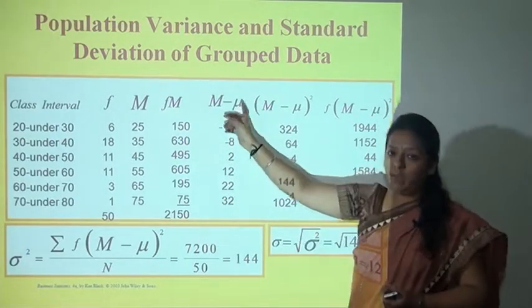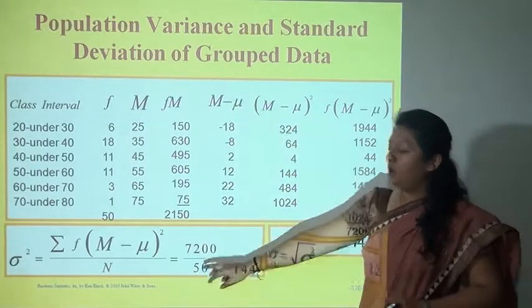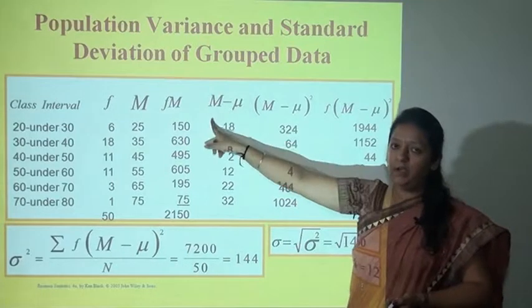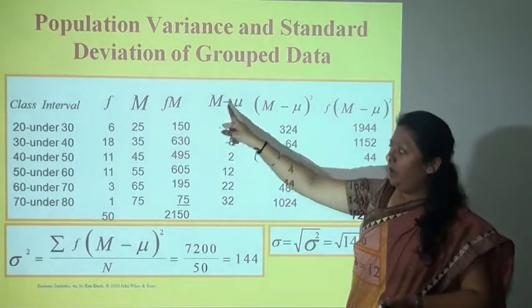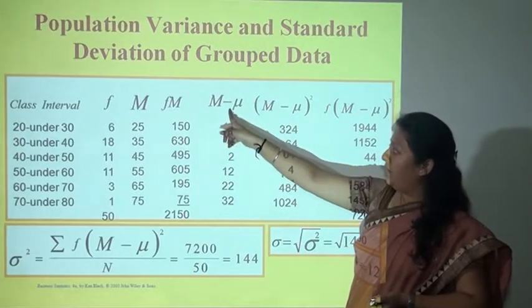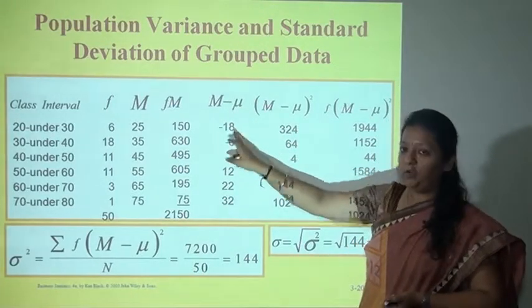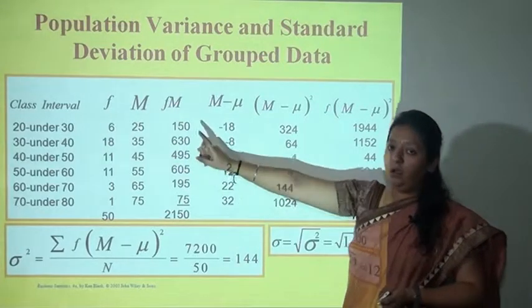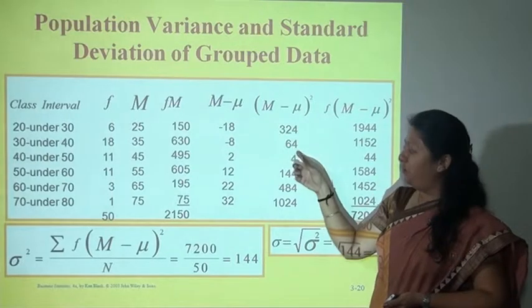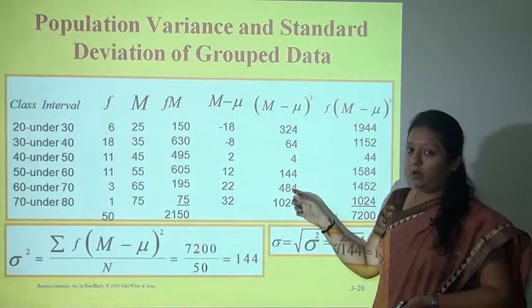The next column is m minus mu, and the formula involves the sum of (m minus mu) whole square. So we first identify m minus mu. Now m is 25 and the value of mu has been given. Squaring m minus mu gives 324, 64, 4, 144, 484 and 1024.